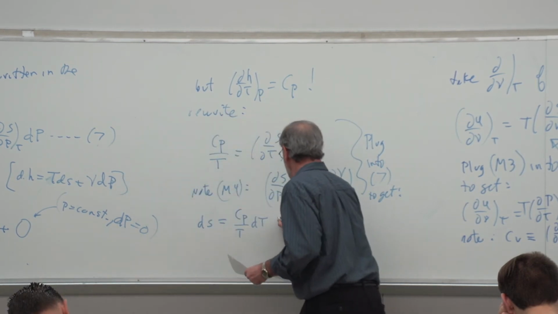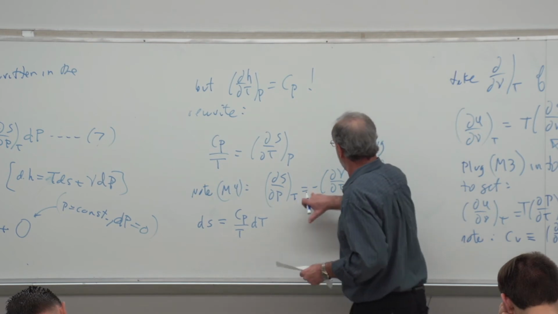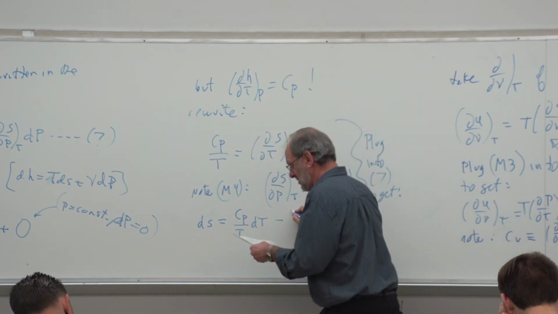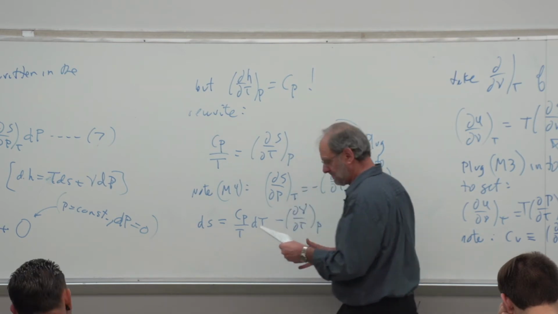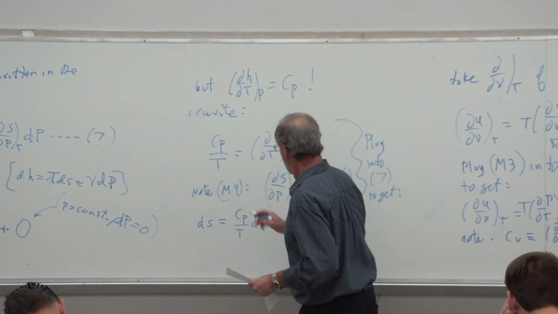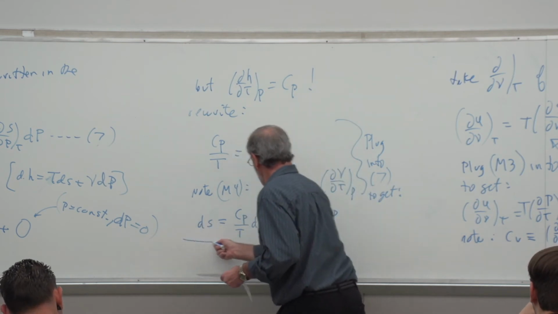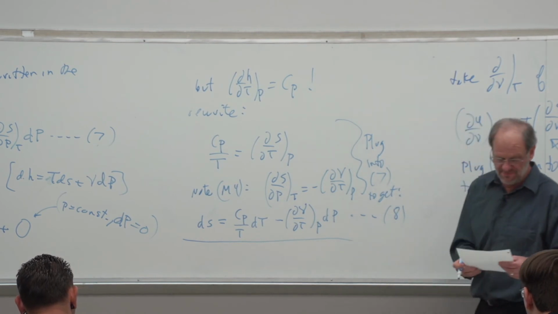And then the second term is this one. In fact, we'll include the minus sign. So minus (∂V/∂T)_P dP.